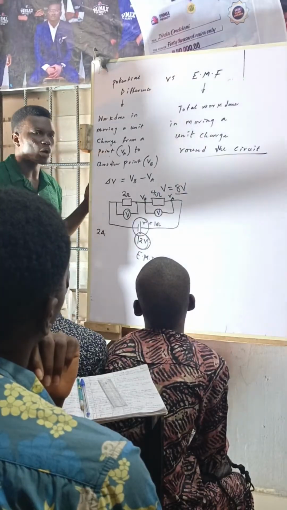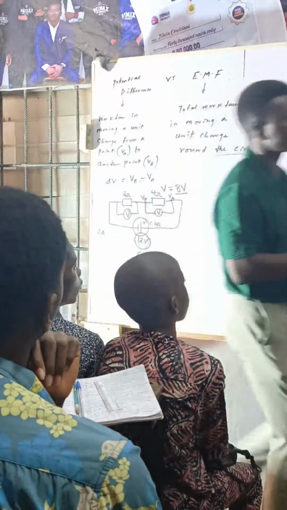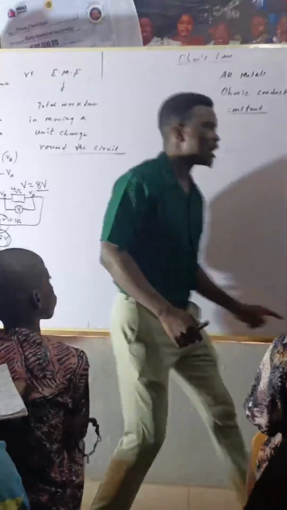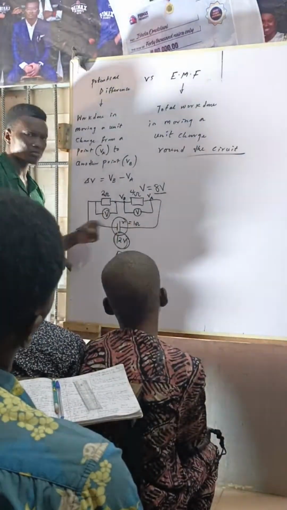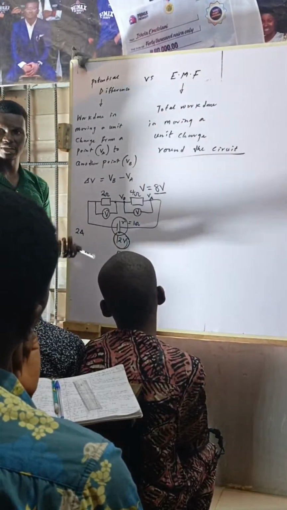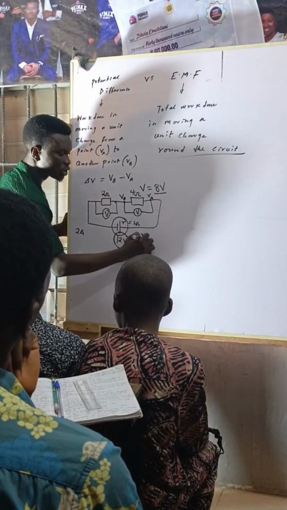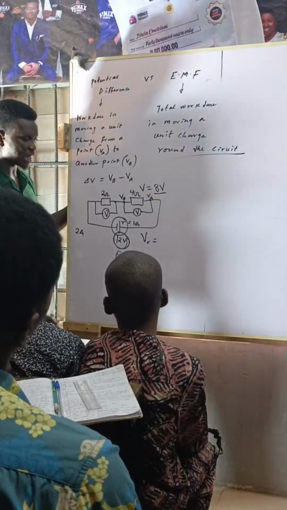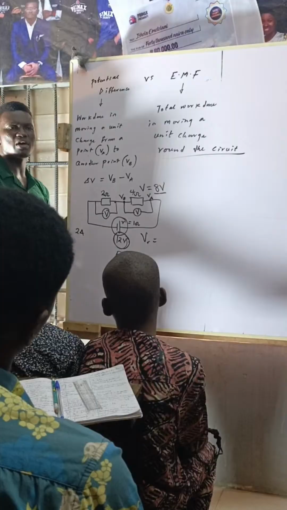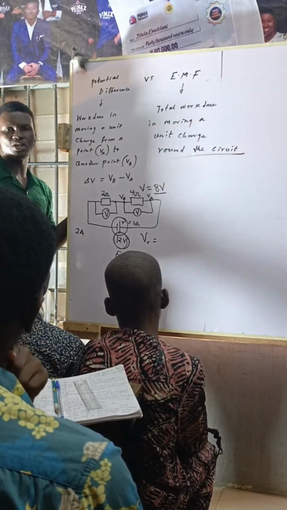The voltage drop in the battery is IR. So now I already know my I. What's my I? 2. What's my R? 1 ohm. Because it's using some volts to work on itself, out of 12 volts, so it's only 10 volts that will be doing the job.